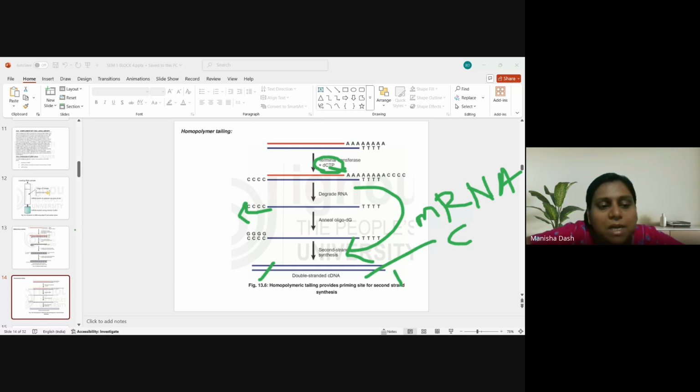Complementary to CCC, GGG can be added, and the rest of the DNA can be completed by complementary base pairing. So there are two ways by which you can construct the double-stranded complementary DNA. Then you can insert it into any vector for storage purposes.